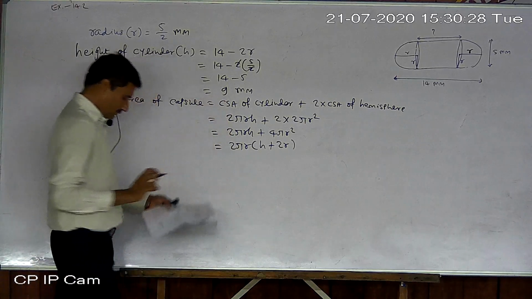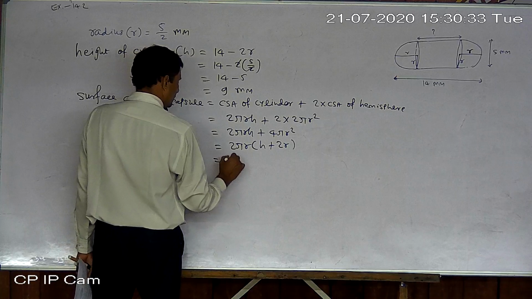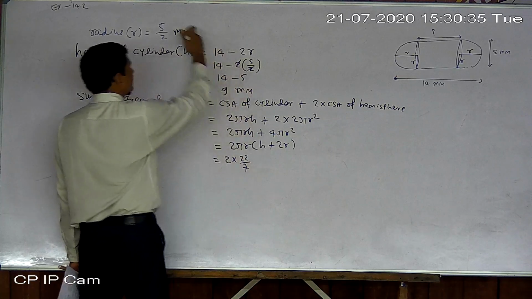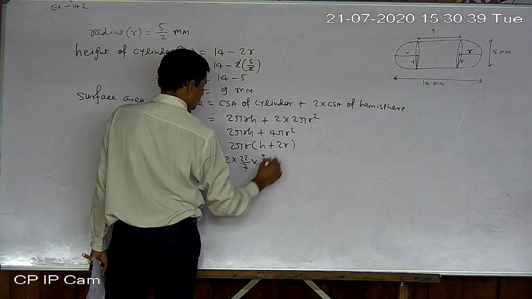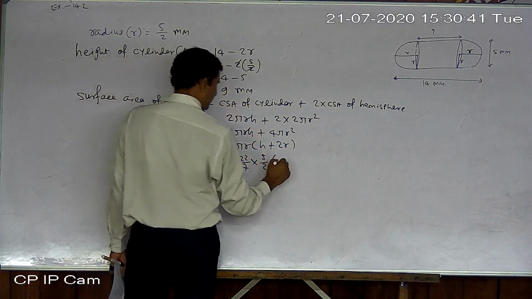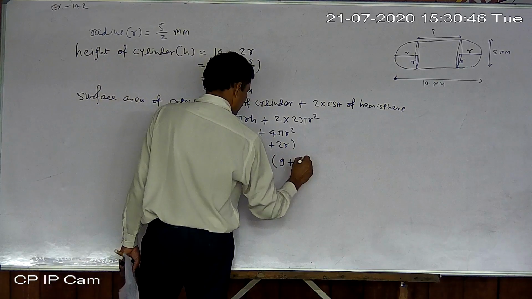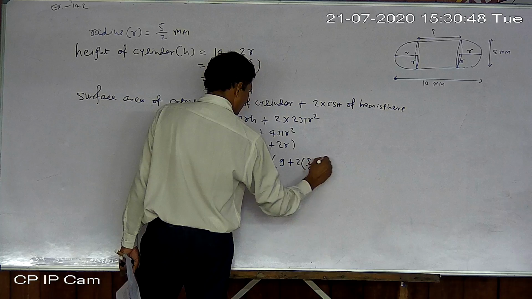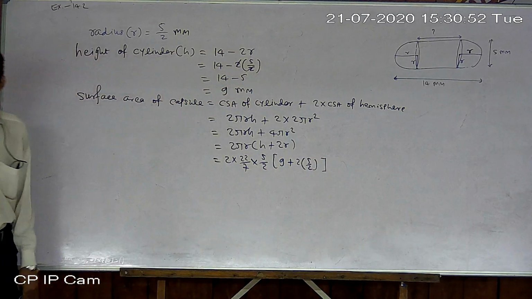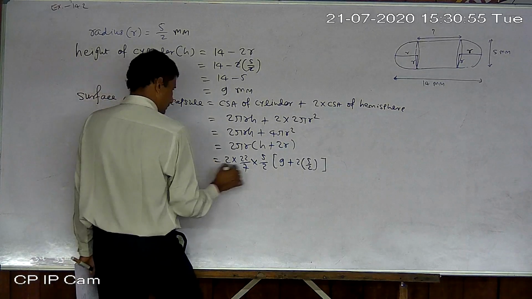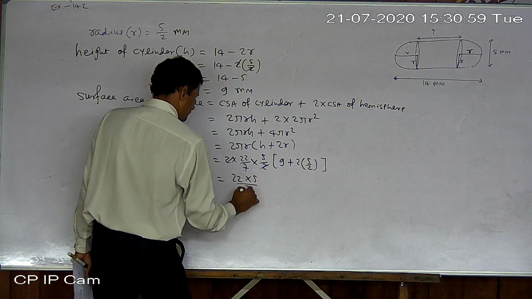Now, since the value of pi is not given, use 22 by 7. So 2 into 22 by 7, everything is ready here, into r which is 5 by 2, into height 9 plus 2 times r, r is 5 by 2. Okay. So now the 2 cancels. Now here, 22 into 5 upon 7.